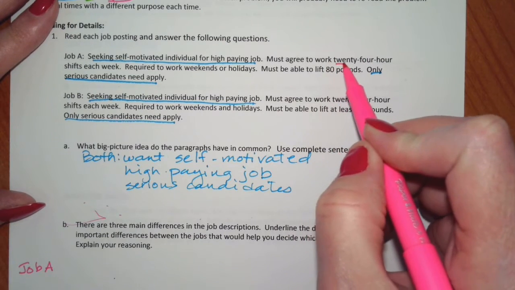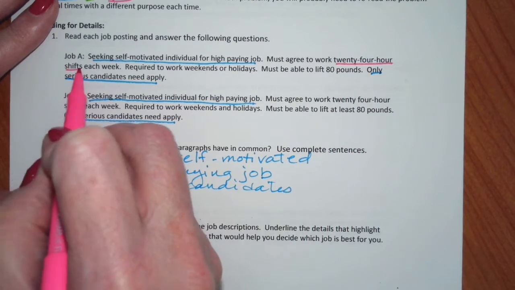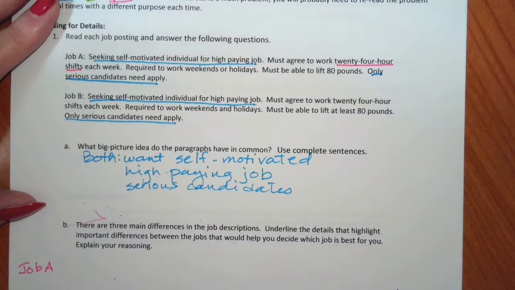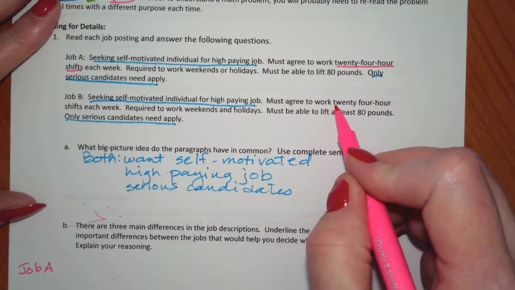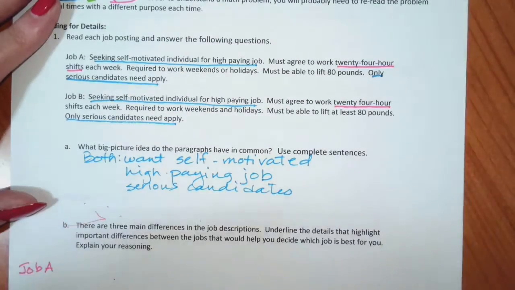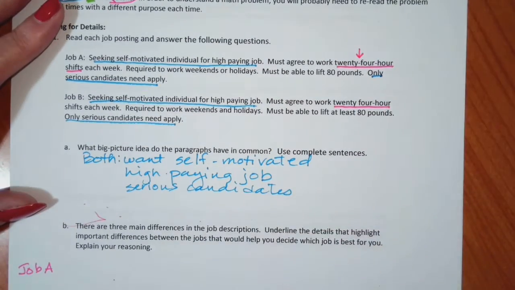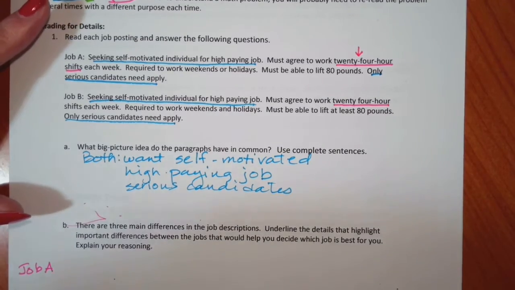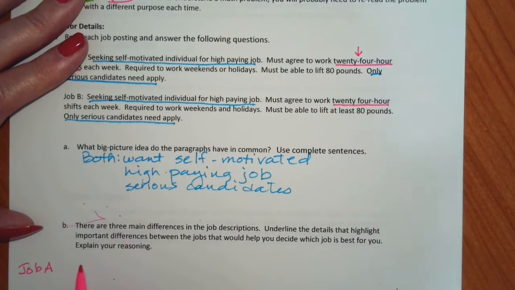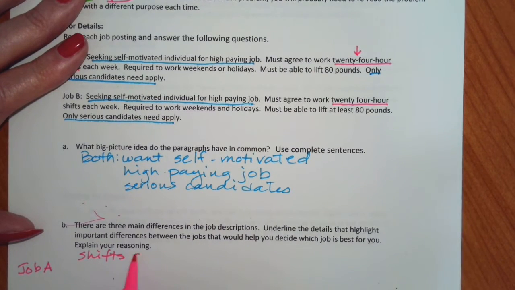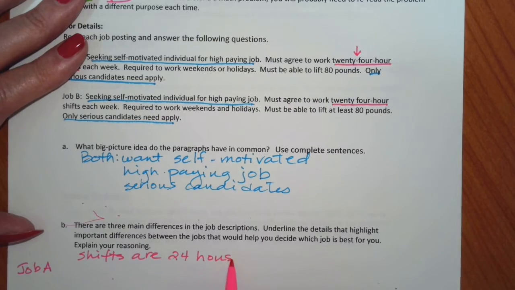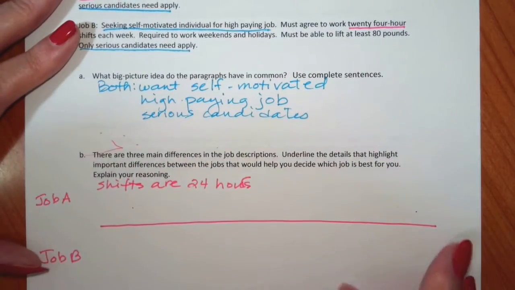Must agree to work 24-hour shifts versus 24-hour shifts. Just that little hyphen makes all the difference in the world. Job A, the shifts are 24 hours. Whoops, I forgot how to spell hours.